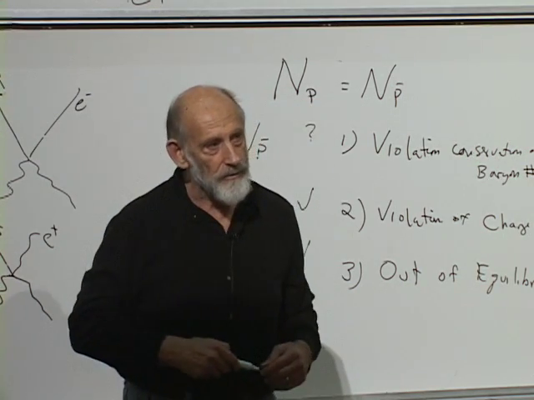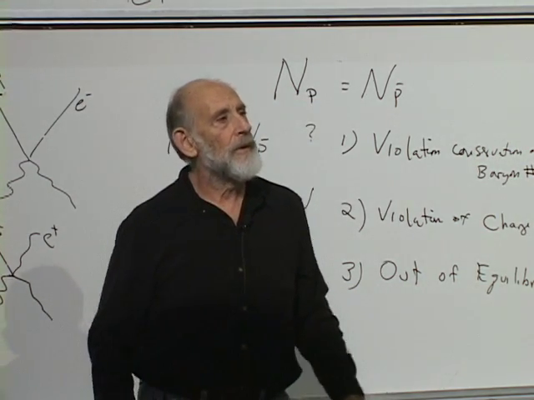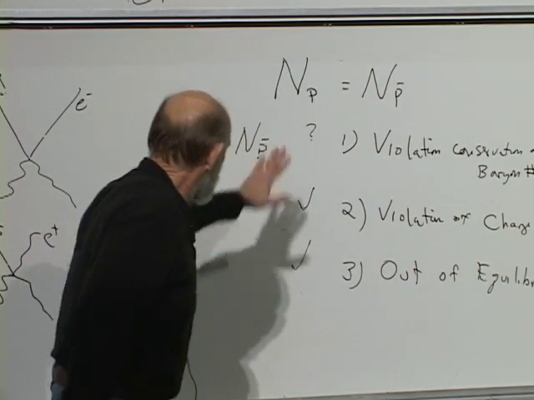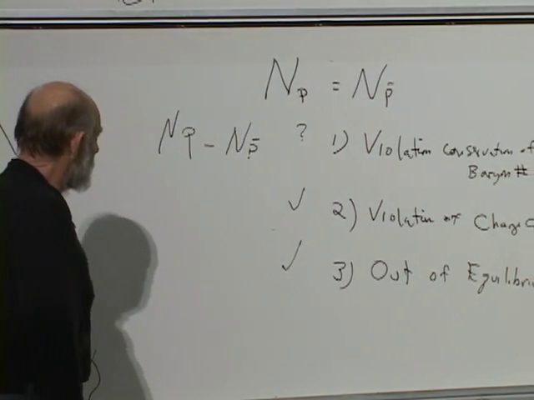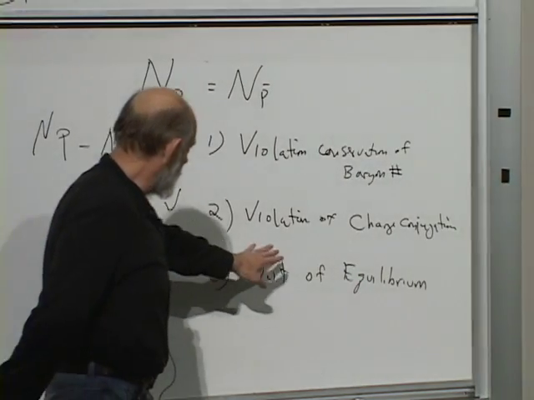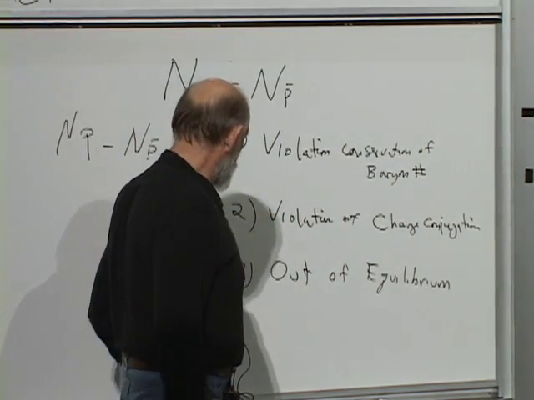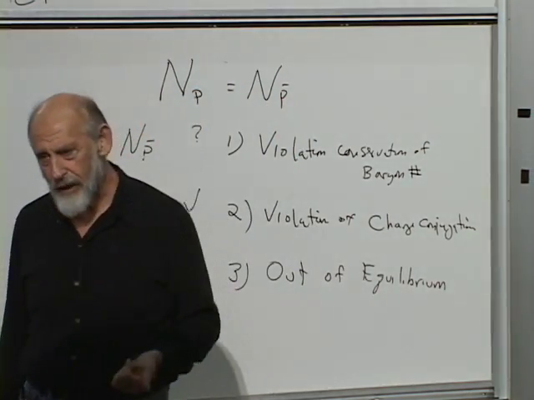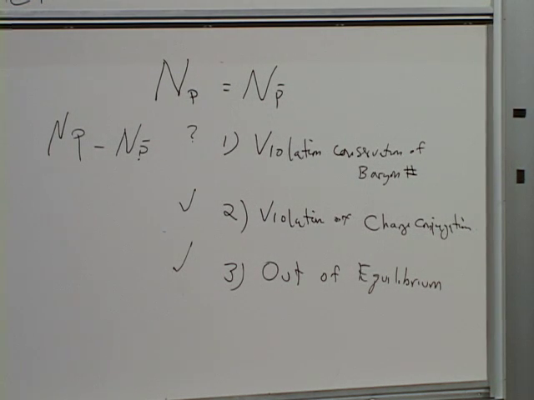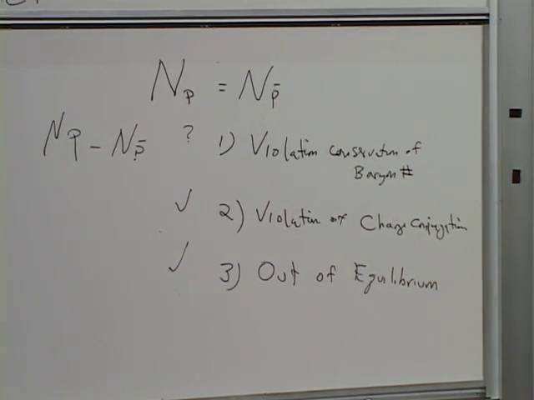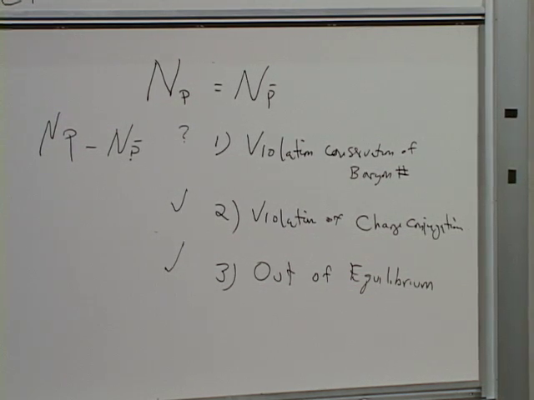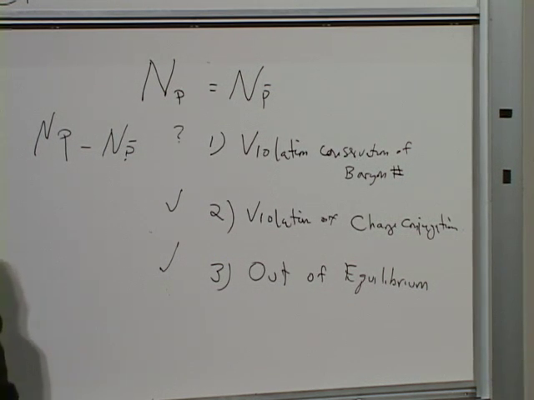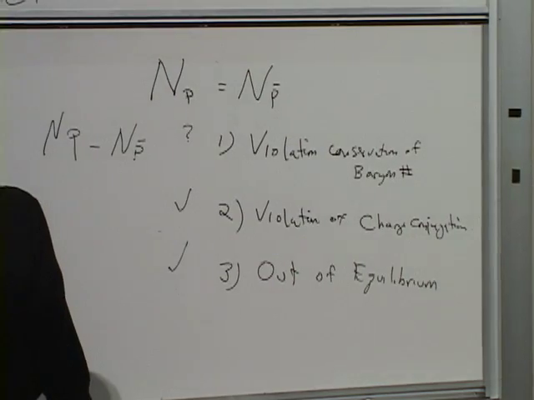Well, Michael had a question. Yeah, matching up the CPT to the 1, 2, 3 here, I think numbers 2 and 3 are C violation and T. Okay, let me be more exact. I just call this charge conjugation, where you replace a particle by its antiparticle. It's really something called C times P, where P is called parity and it means spatial reflection.